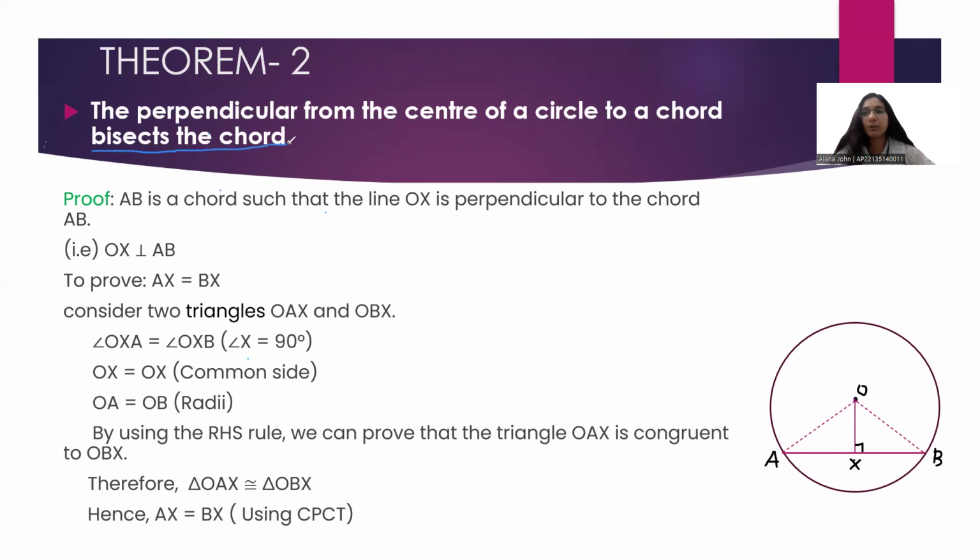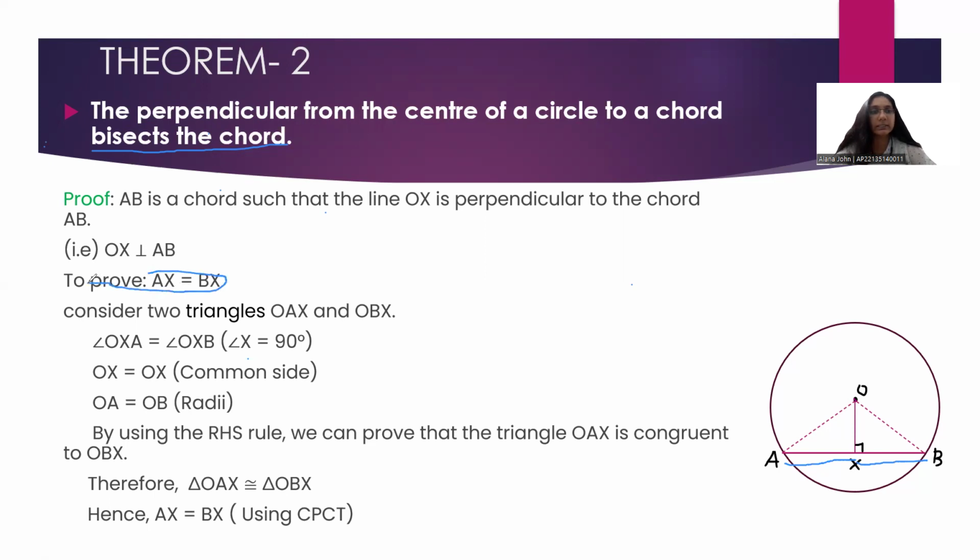What is the meaning of bisecting the chord? Bisecting the chord means the perpendicular drawn divides the chord into two equal parts, which means that this portion AX and this portion BX, these two portions of the chord, will be equal. That is, AX equals BX.